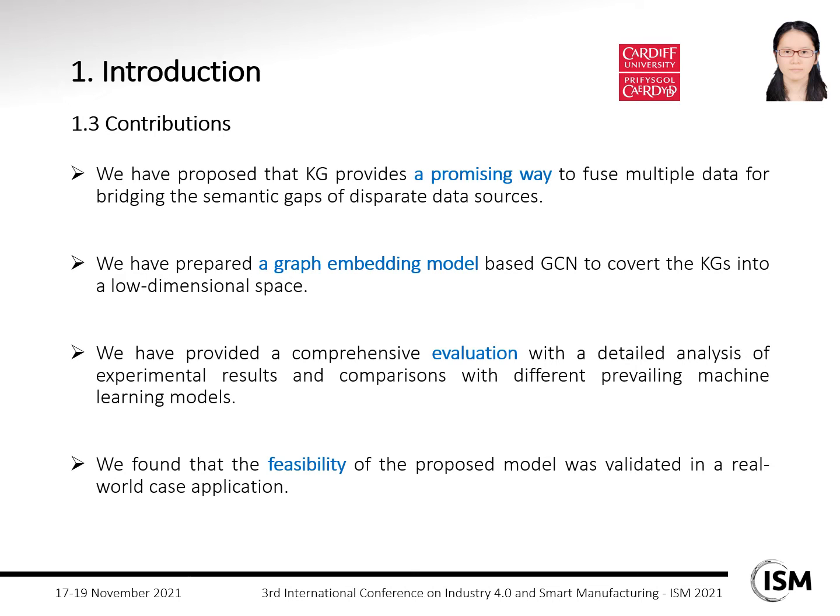Thirdly, we have provided a comprehensive evaluation with a detailed analysis of the experimental results and comparison with different prevailing machine learning models. Lastly, we found that the feasibility of the proposed model was validated in a real-world case application.